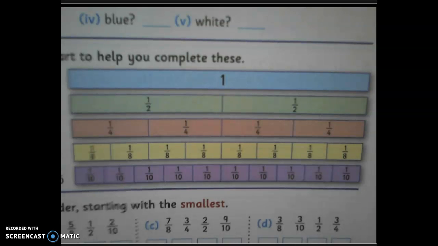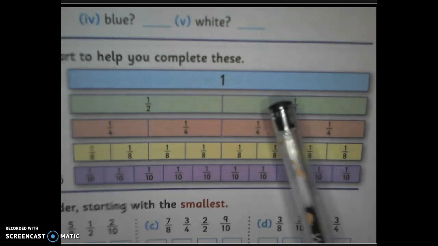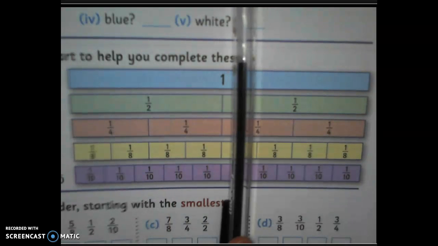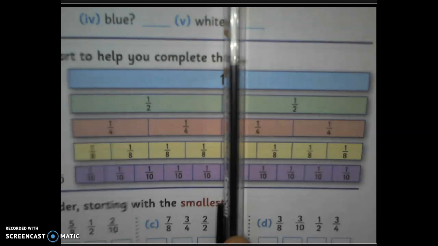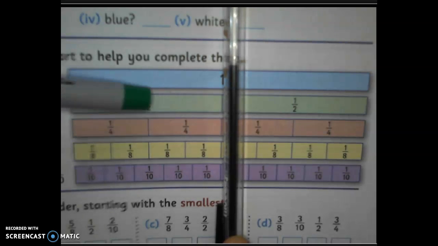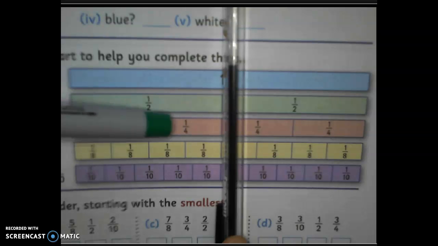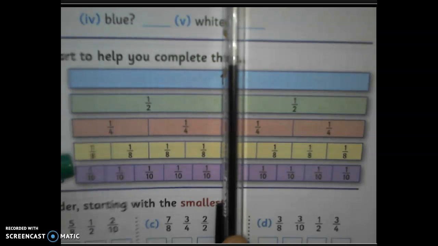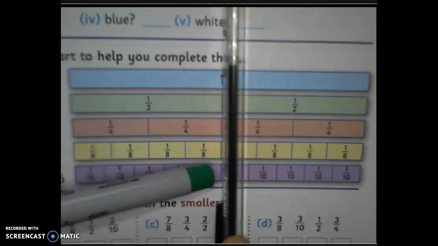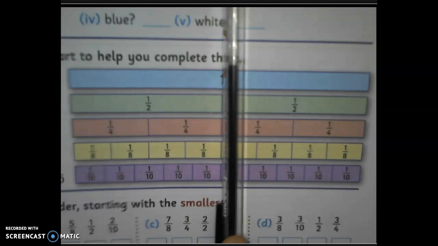Okay, so we can look at a half, and it tells us very clearly that 1/2 is the same as 2/4. It's the same as 4/8, and it's the same amount as 5/10.